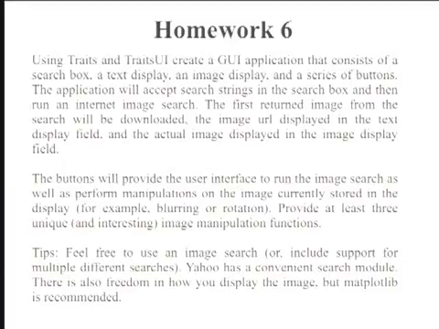The image URL displayed in the text display field, and the actual image will be displayed in the image display field. Buttons will provide the user the ability to essentially run the search, but then do manipulations on the current image inside of the display, like I could blur or rotate. And so what we're asking you to do is provide at least 3 unique and interesting image manipulation functions.